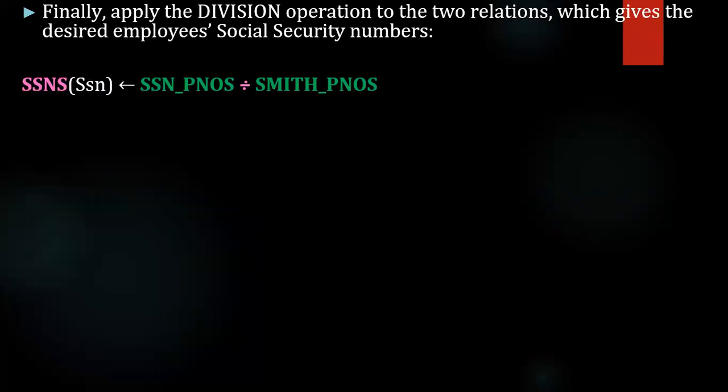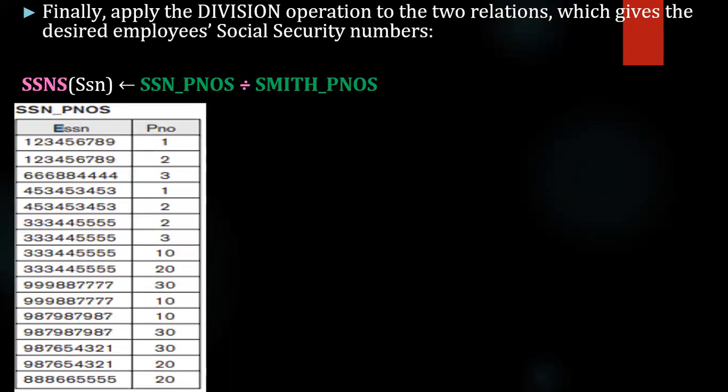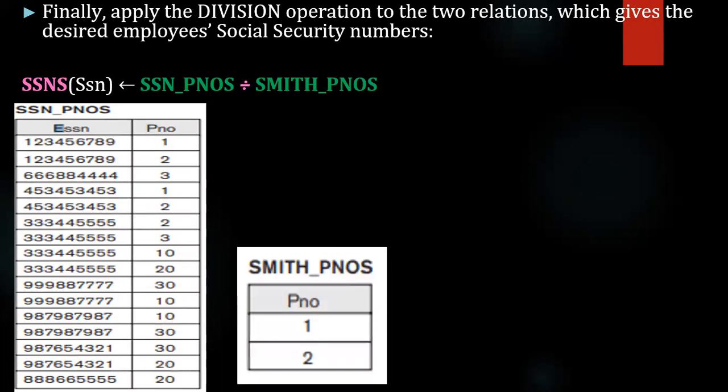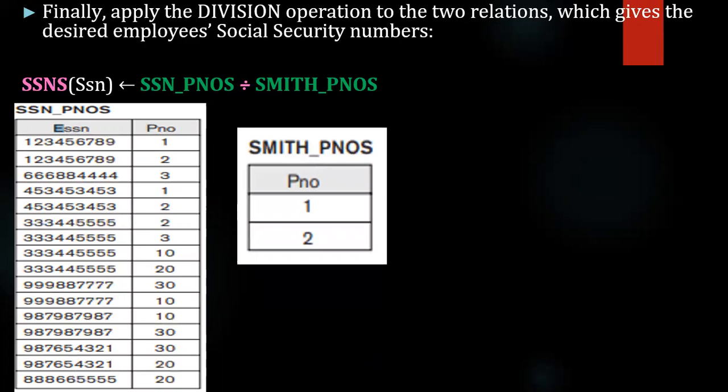Now apply the join operation on SSN project numbers and Smith project numbers. SSN project numbers contains all the projects where some of the employees are working. Smith project numbers contains all the project numbers on which Smith is working.